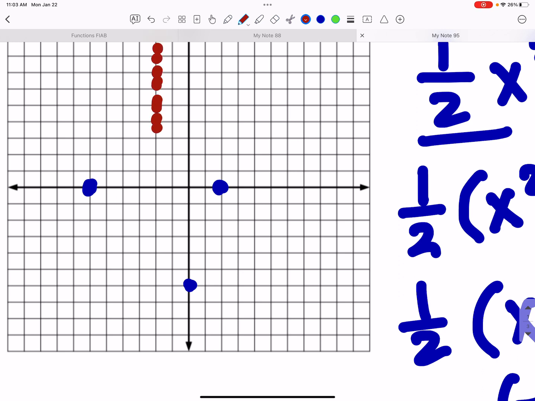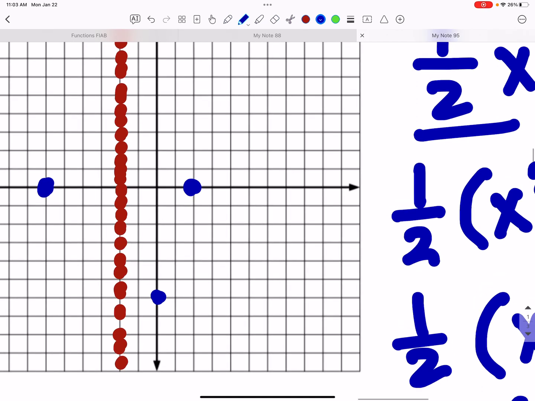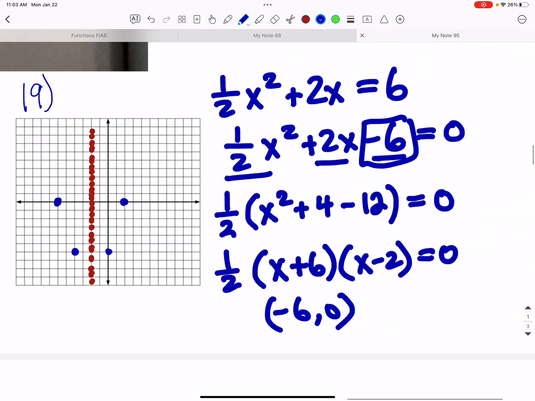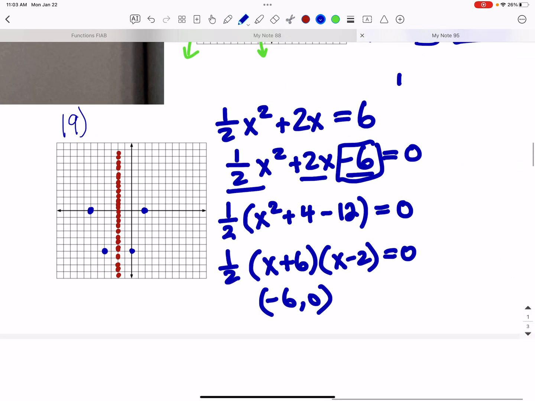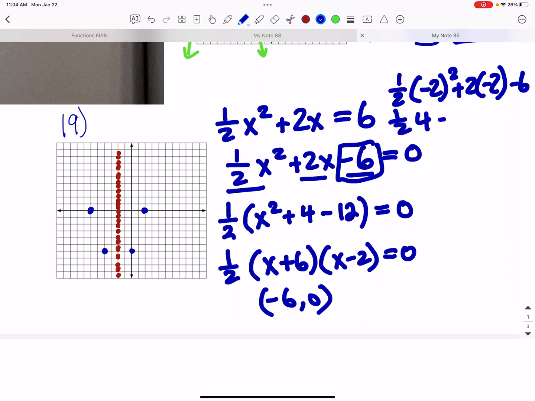At -2, there's the middle. So if that's the middle, there's a spot right there. I could plug -2 into this and figure out what I get. 1/2 times -2 squared plus 2 times -2 minus 6. 1/2 of 4 minus 4 minus 6. 2 minus 4 minus 6 is -8. 2, 4, 6, 8. And there's my graph.